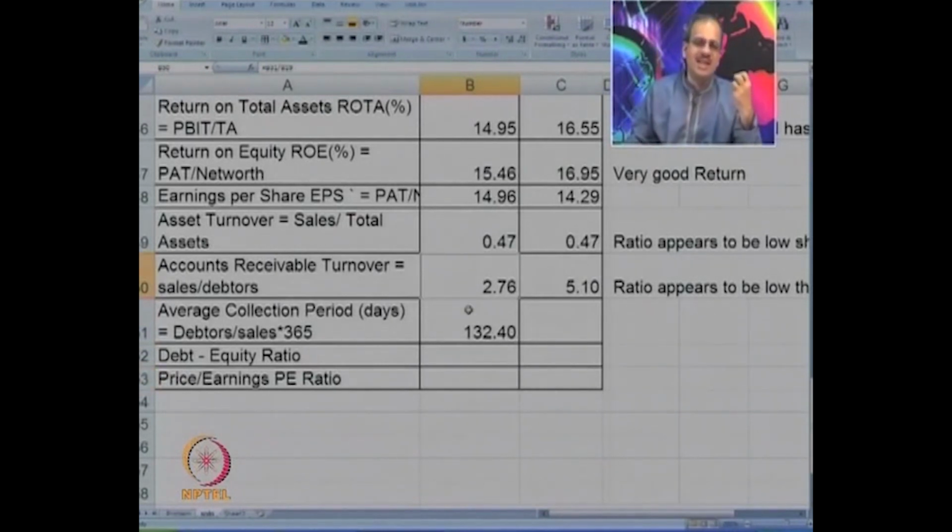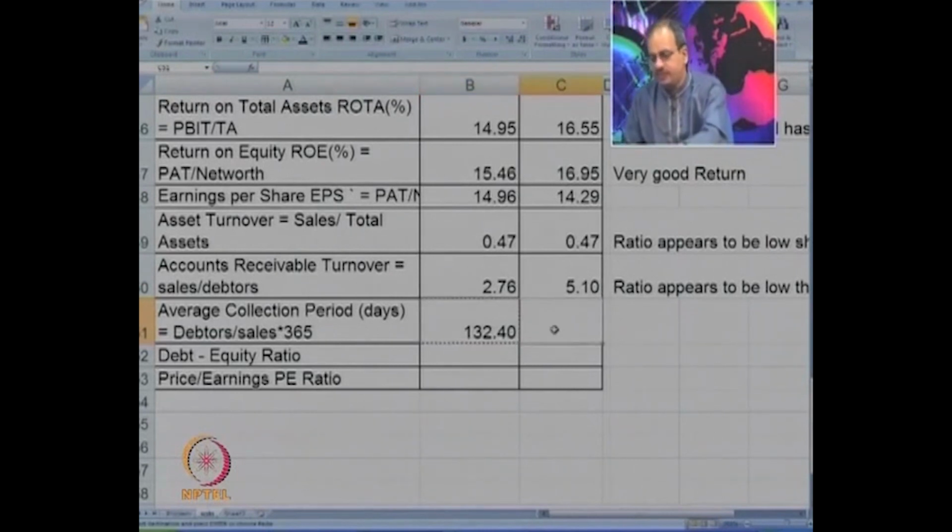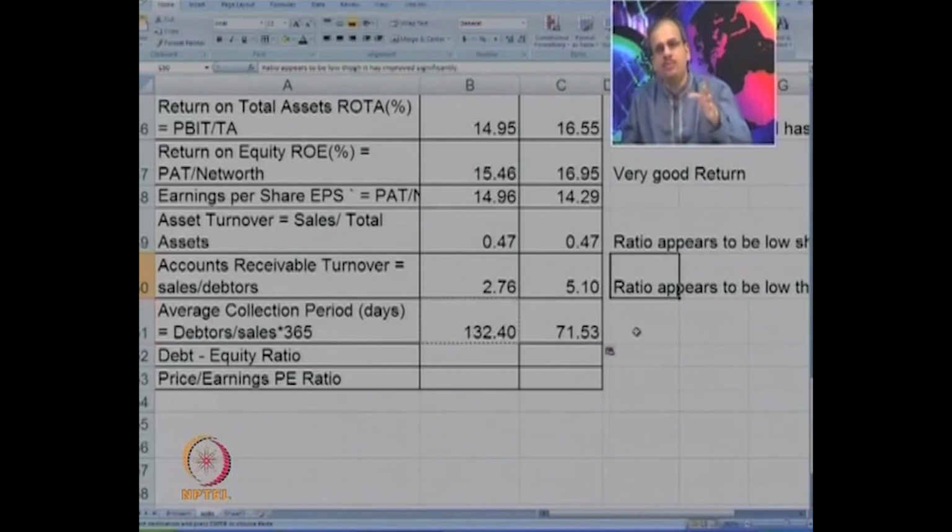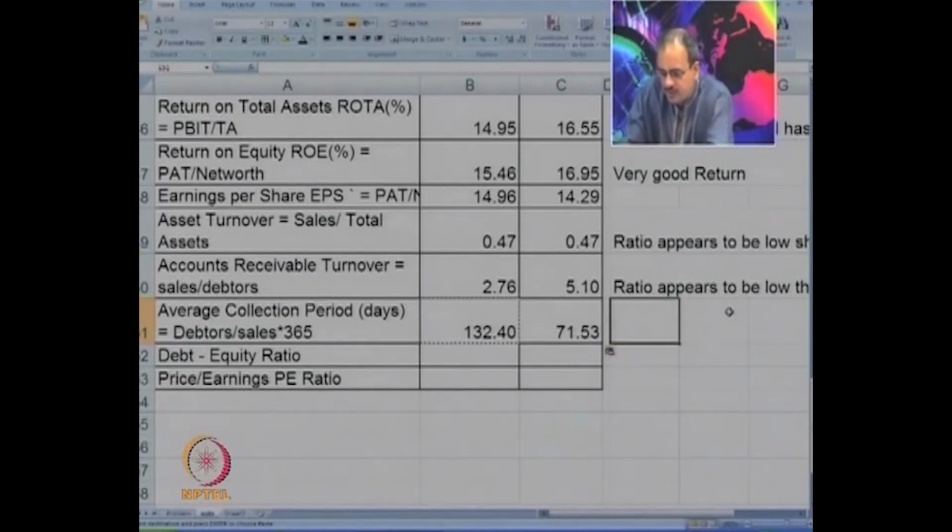So, you will realize that the company needs to improve fast in its recovery. If you look at the current year, it has significantly come down to 71. So, it is just more than 2 months now. So, there is a good improvement in the efficiency of management of debtors.